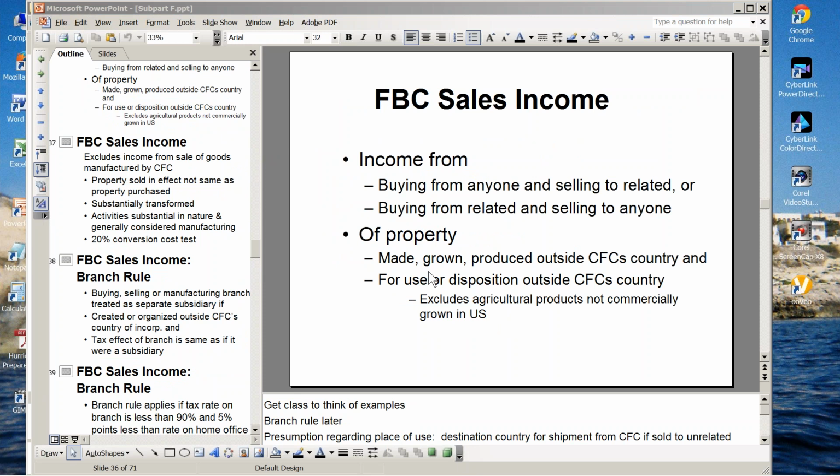This is income of any sort related to buying goods from anyone and selling them to a related party, or buying from a related party and selling them to anyone, of property made, grown, produced, or otherwise from a country other than the CFC's country of incorporation, and for use or disposition outside the CFC's country.